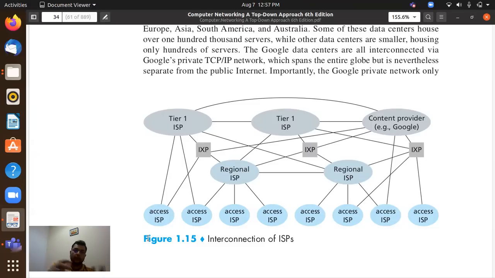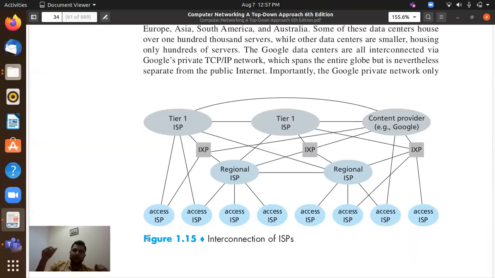So that is one possibility. Then the connection from one endpoint to another endpoint will be possible, but that would require a lot of infrastructure, a lot of wire deployment and switching network, so that would be too complex.